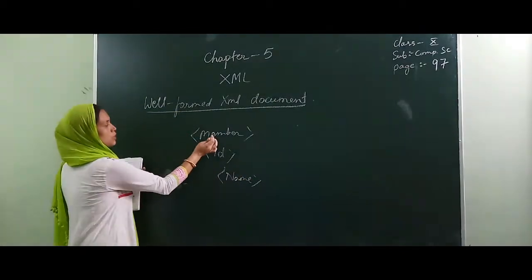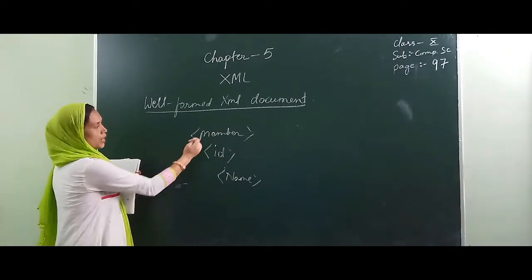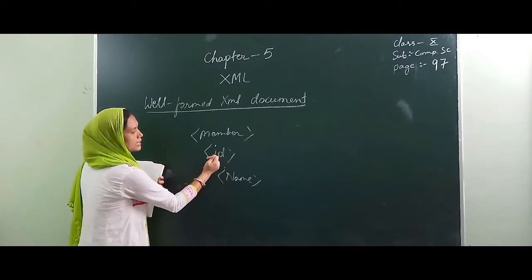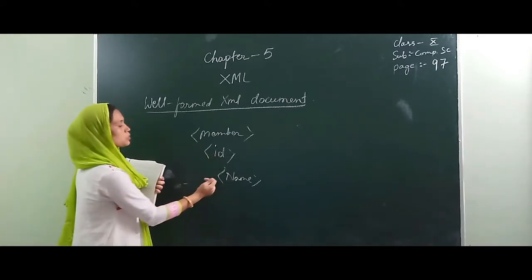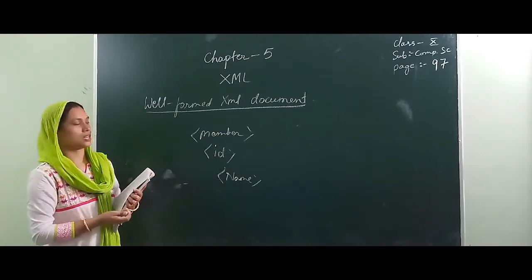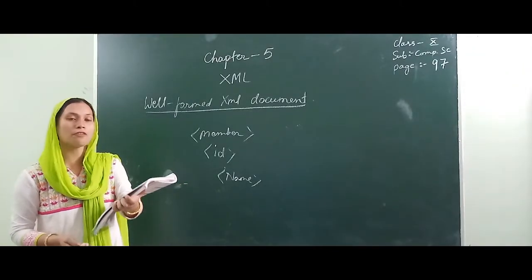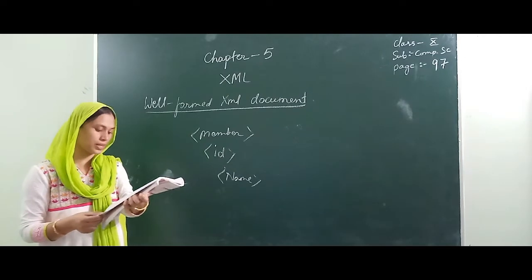That means you have to know when you need to close the member tag, when you need to close the ID tag, and when you need to close the name tag. So when you close in a proper way, that is called a well-formed XML document.